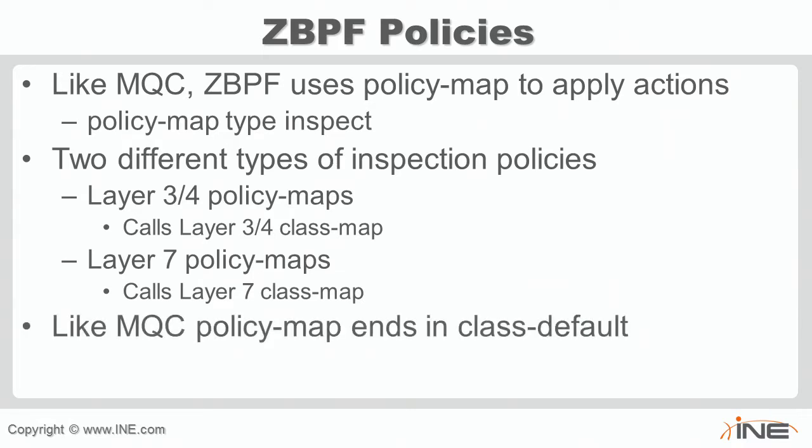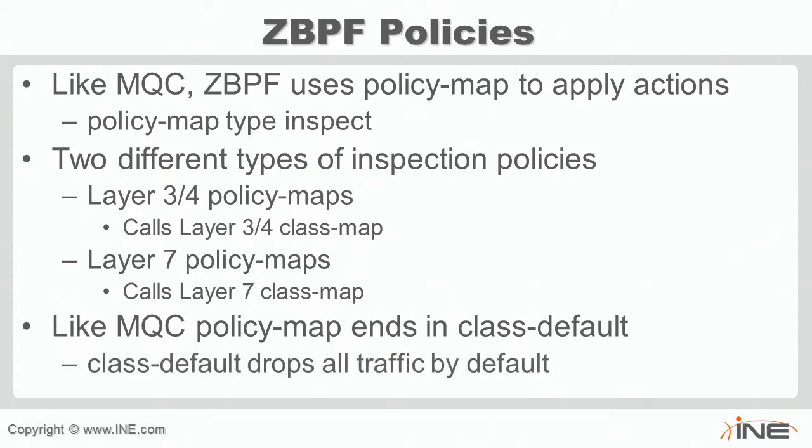Now, just like the modular quality of service, the policy map in zone-based policy firewall does end in a class default, and the class default will drop all traffic unless we have another more specific class that is defining what we want to do with it. So similar to an access list that is applied onto the interface, we're going to go top down and process our individual matches, but then if none of those match, we're going to fall back to the class default, which is going to have our implicit deny.